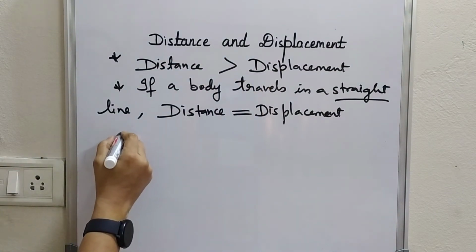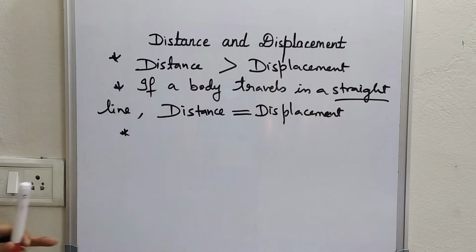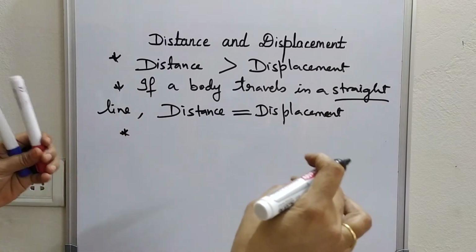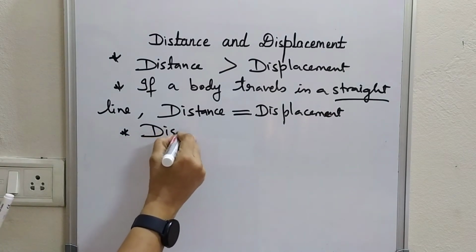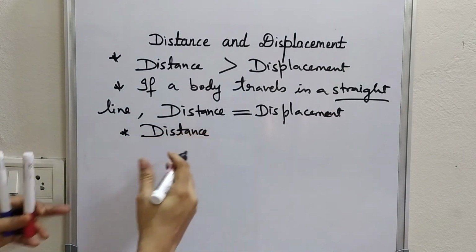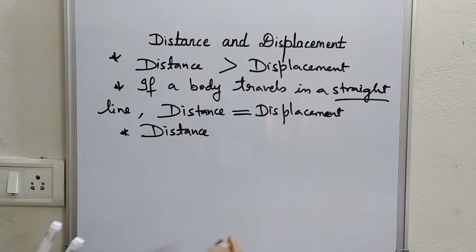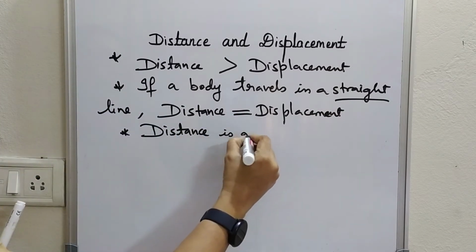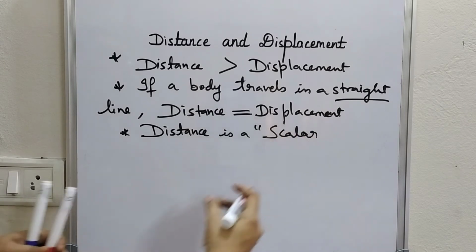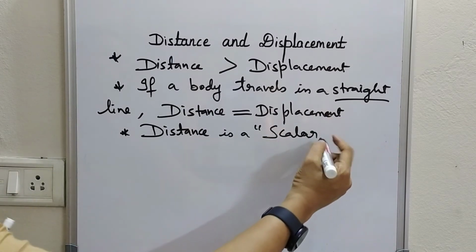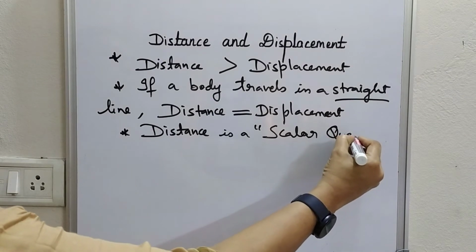Next, since distance is only the length of the actual path travelled by the body, distance is always something related to magnitude only. So distance is a scalar quantity, something that can be scaled, or using a proper scale we can measure it.